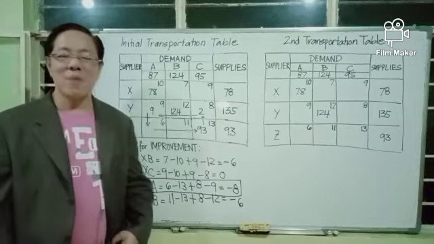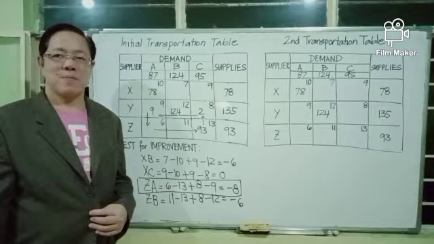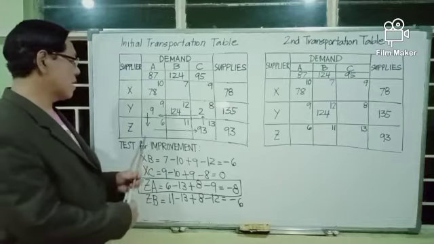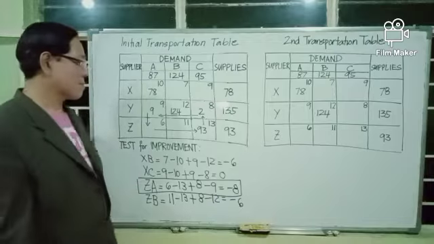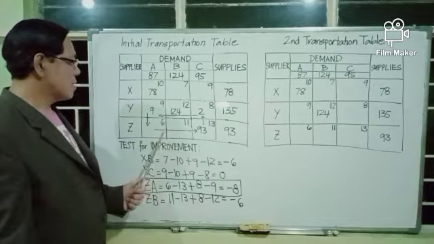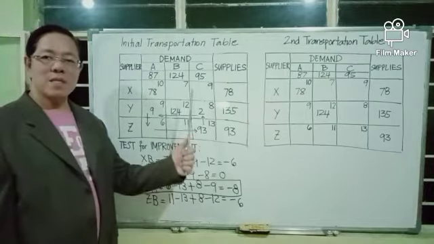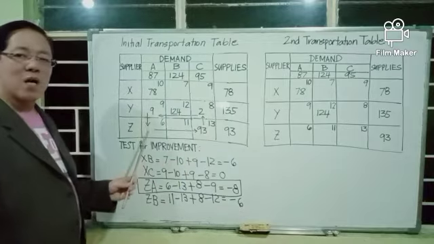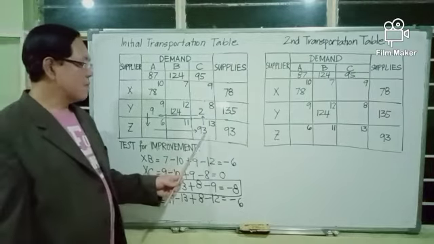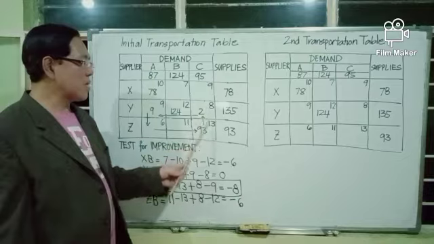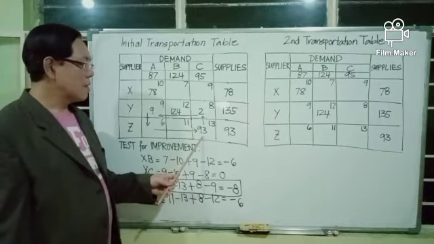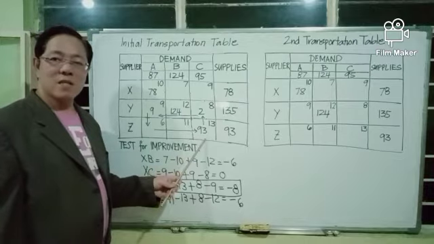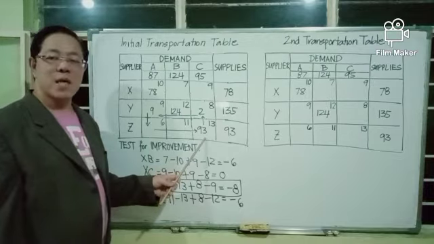Now, to determine the number of units to transfer in the vacant cell ZA, we only consider the vertical movements. The vertically upward movement and the vertically downward movement. For the vertically upward movement, we originated from 93.